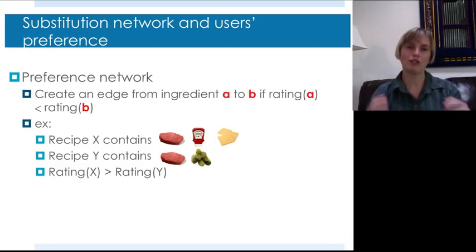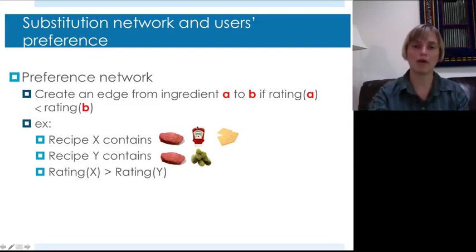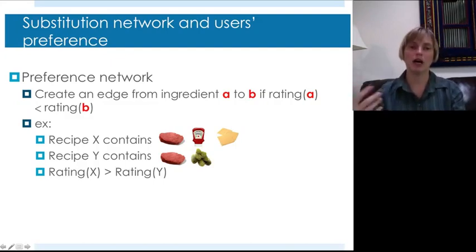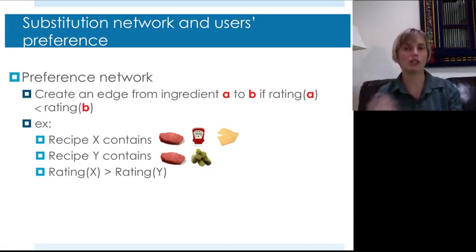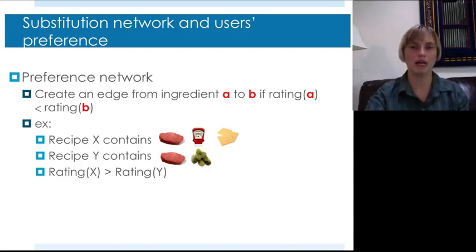If you have two recipes that overlap in ingredients somewhat, but one has an extra ingredient or a different ingredient than the other, for example one has ketchup and cheese and the other just has pickle, and one gets a higher rating than the other, you create these pairwise preferences, ketchup to pickle, cheese to pickle, and you aggregate this over all the recipe pairs with sufficient overlap to see whether in general there's a preference of one ingredient over another.